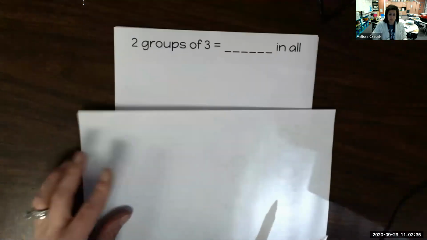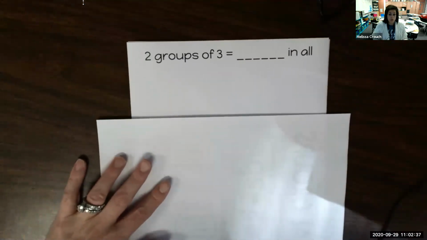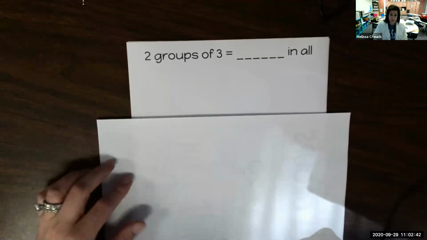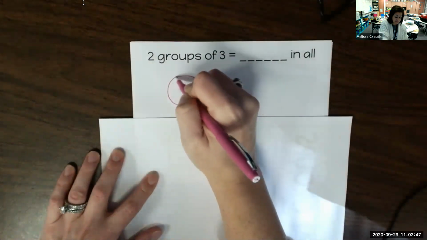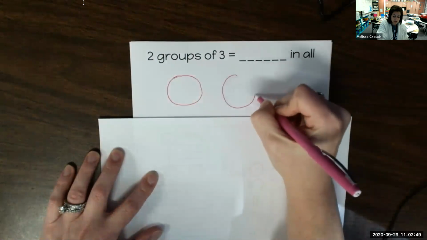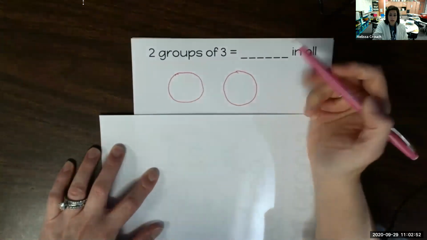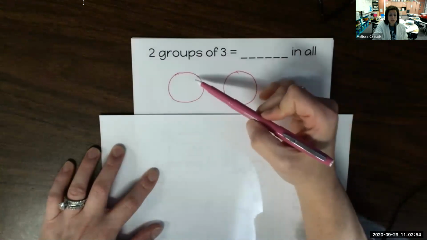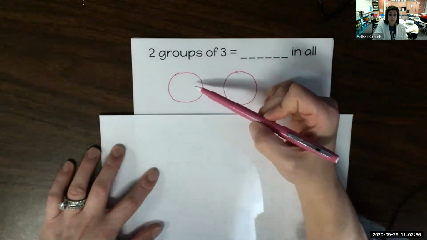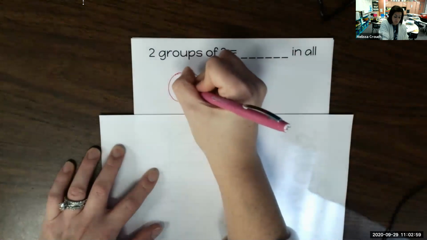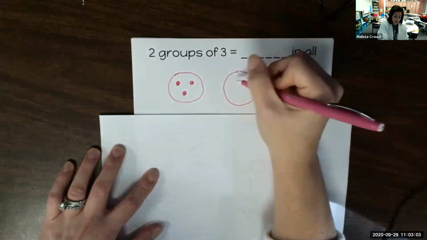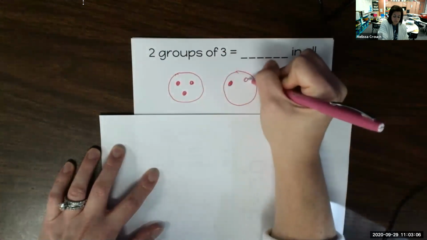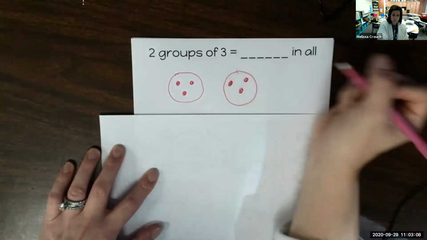Okay, I'm going to show you a couple examples. So here's our first one. 2 groups of 3. So how many groups will I be drawing? 2. I have 2 groups. Here's 1 and here's 2. How many will be in this one circle? 3. 1, 2, 3.